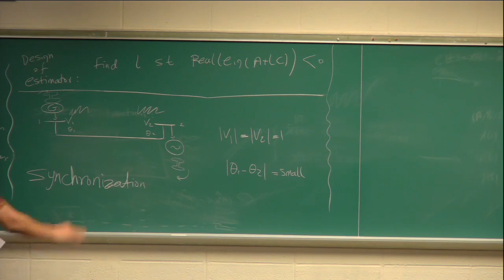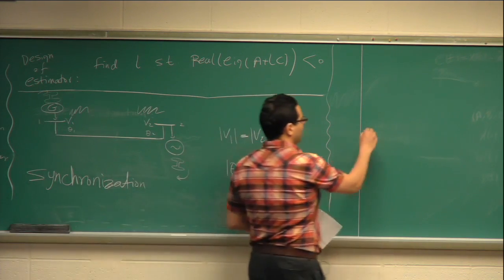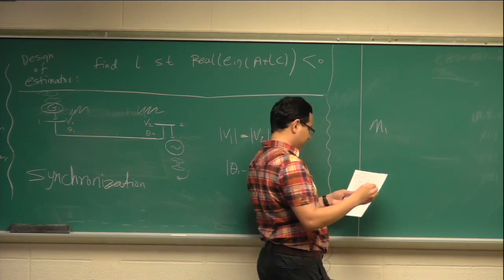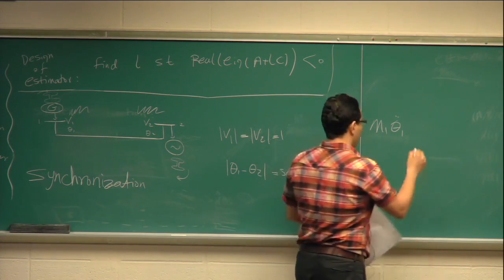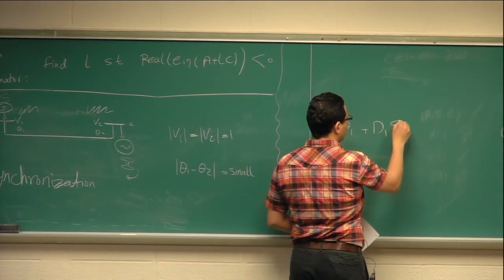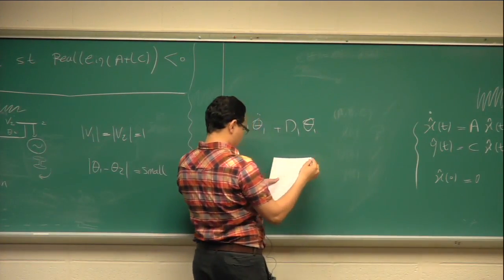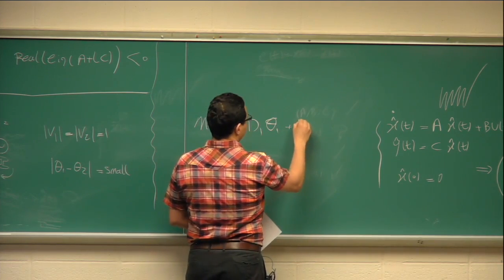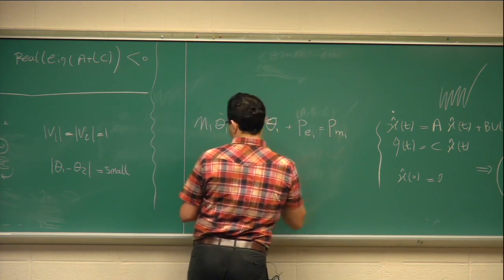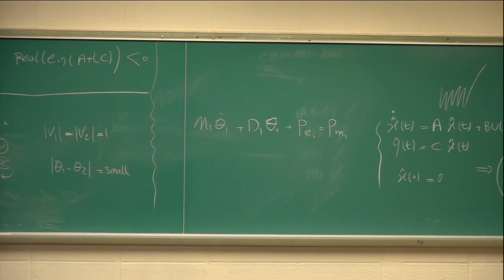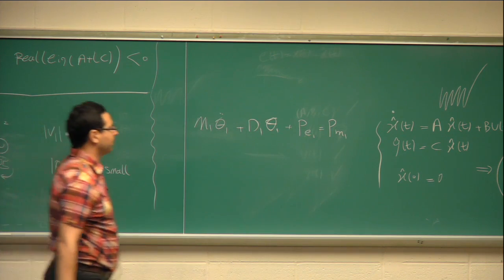So for the first machine, the equation looks like this: M1 theta 1 double dot plus D1 theta 1 dot plus P electrical is P mechanical. We write the swing equation here and the swing equation over there, see what happens.